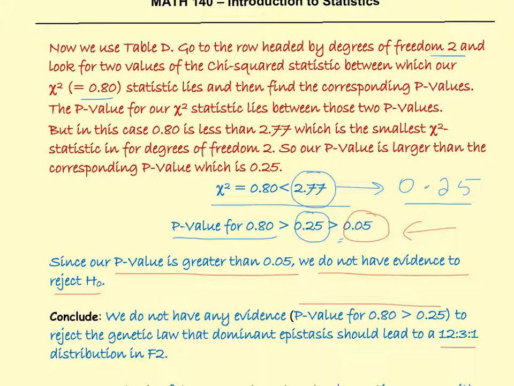The minute you say evidence, you've got to present the evidence, and it's important to do that in a conclusion. Just write down your p-value, because that's your evidence for or against, depending on what we get. So we do not have any evidence to reject the null hypothesis, which is that the genetic law is true.